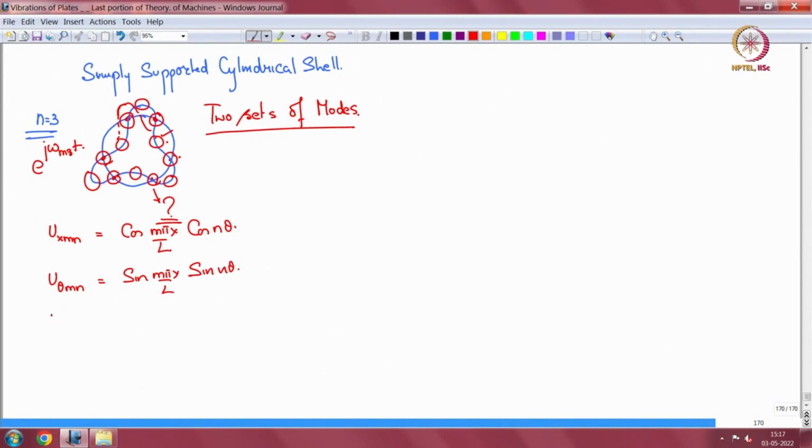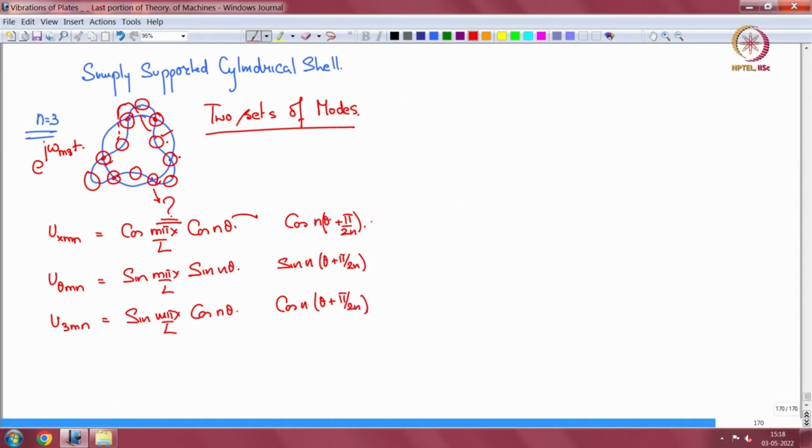Then U3 m n is sin m pi x by L cos n theta, but the other set is cos n theta plus pi by 2n, sin n theta plus pi by 2n, and cos n theta plus pi by 2n.